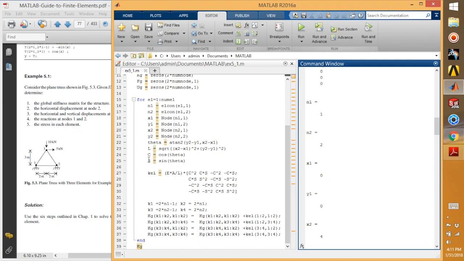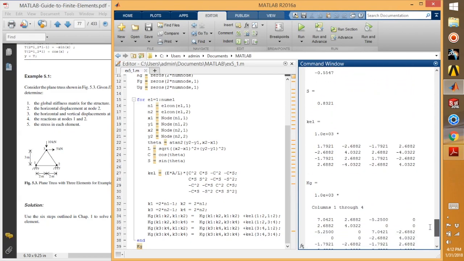It's contributing all these values in k element, and then substituting the values of k element in the global stiffness matrix. For each element, that is 1, 2 and 3, it's going to do it 3 times. As you can see, for the first time n1 is 1, 2, similarly theta will be 0. After doing it 3 times, we are going to get the global stiffness matrix.